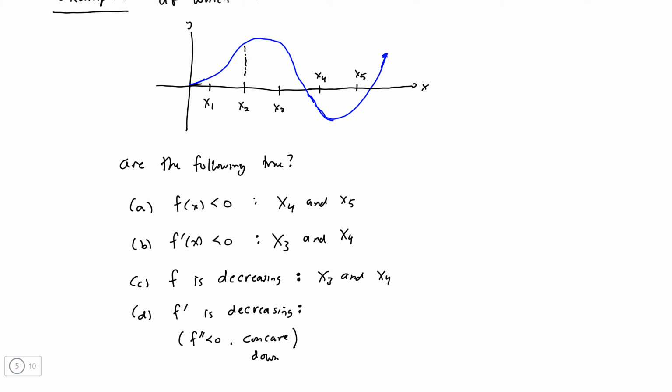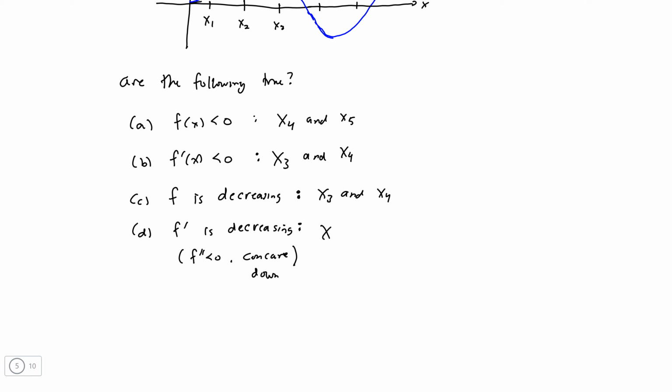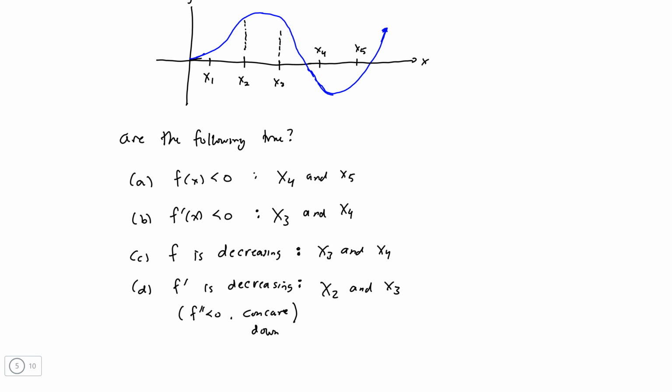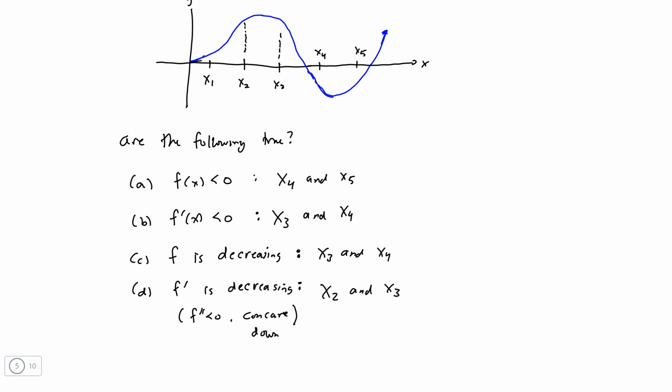Looks like here's concave down, here's concave down. x1 looks like concave up, x4 and x5 look like concave up. So this looks like x2 and x3. Notice that at x2, the function itself is increasing. That doesn't matter for concave down. We're looking for the second derivative being negative, not the first derivative.